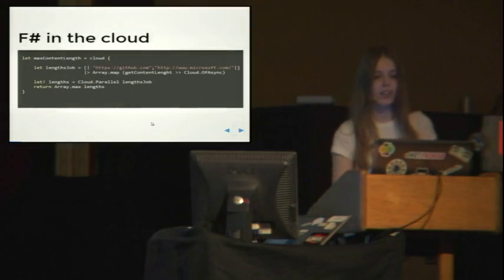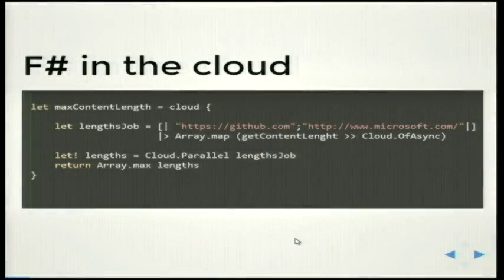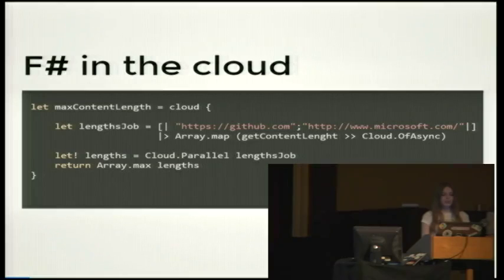Let's start. I'm assuming that you're familiar with F# syntax. It's pretty easy. And here is a small practical example for you to feel the nature of cloud computations. What this code does is find the longest web page from a list of given URL addresses.